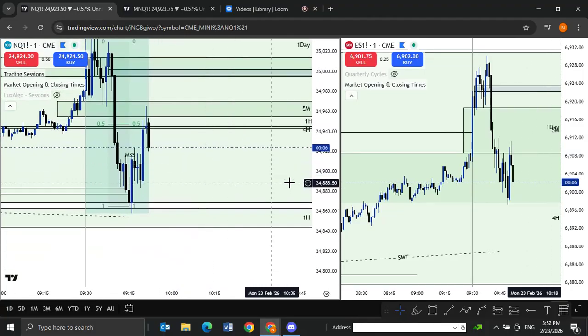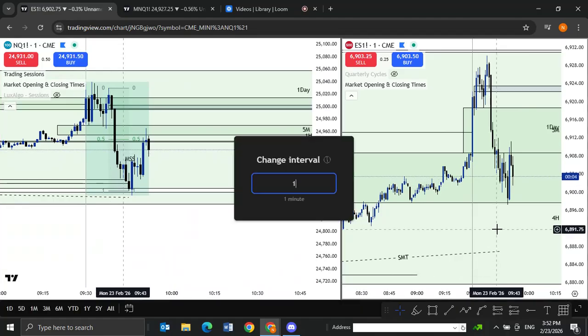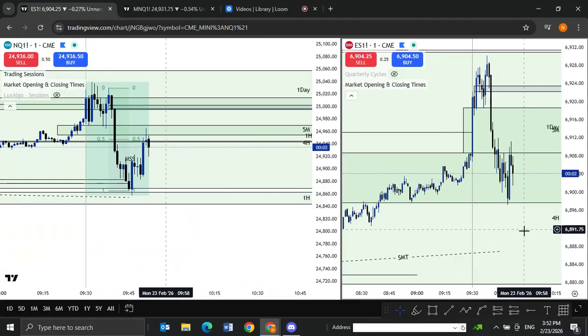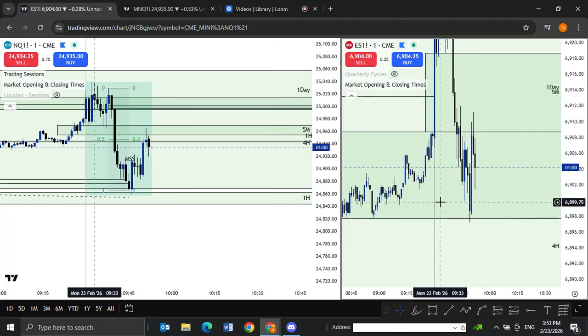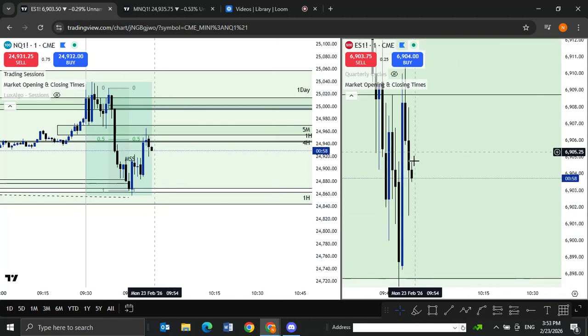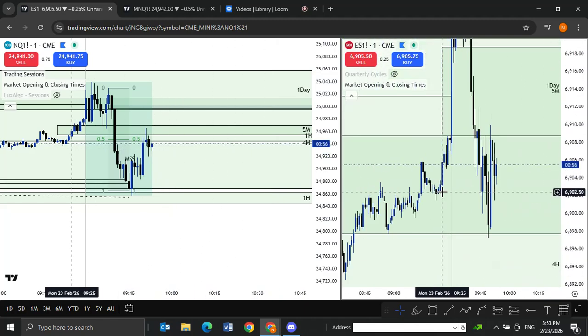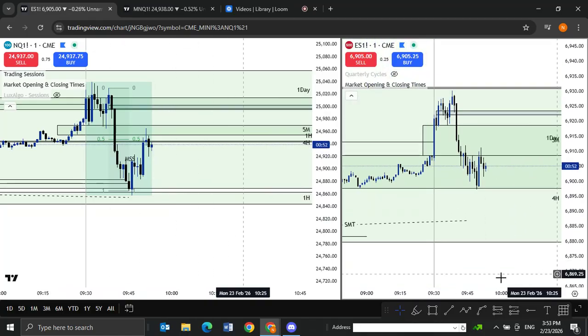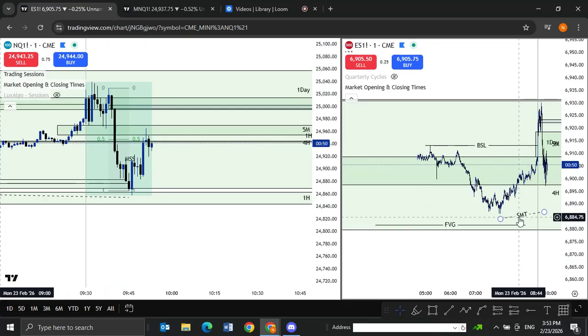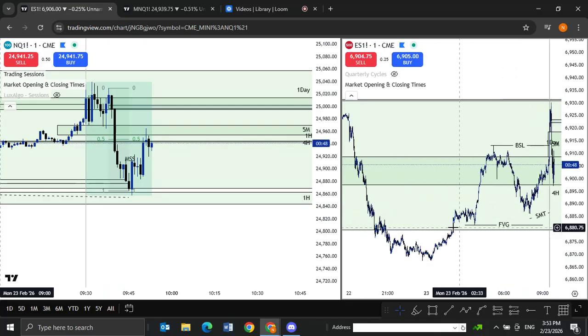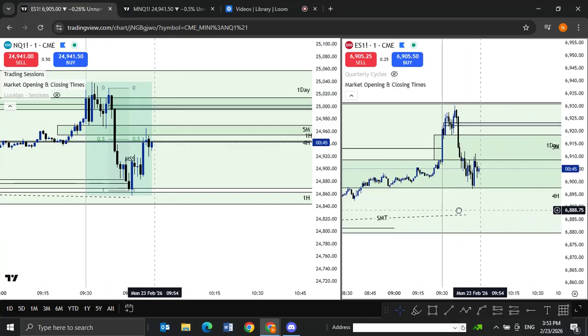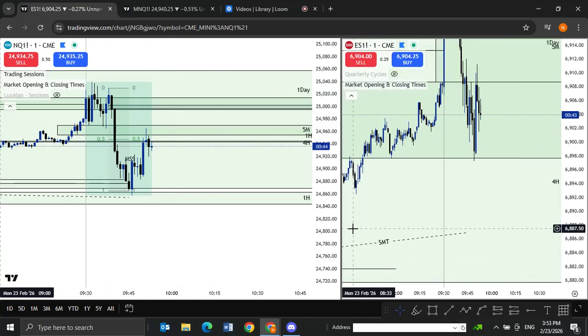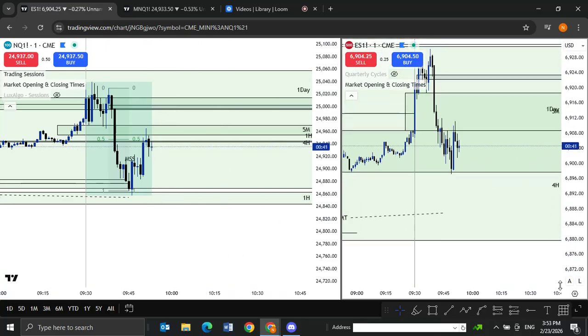Potentially I might consider shorts. I'm interested in longs, I don't know. I think I'm interested in longs only if, so there's hourly fair value gap. The crazy SMT in the bottom. I don't even know.